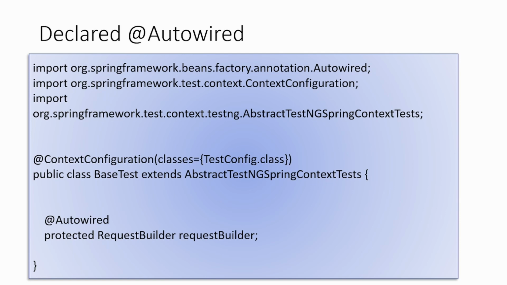So here, as you can see, we are creating a RequestBuilder object of type RequestBuilder. Now this object can be used within this class and within the entire automation. So this is how we can utilize the bean concept of Spring in a test automation framework.